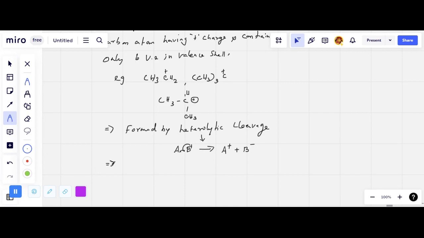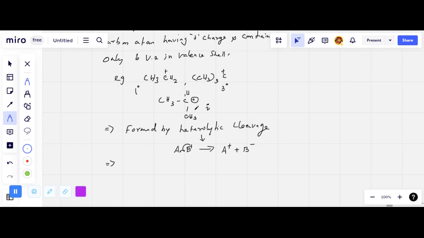Another point is primary, secondary, and tertiary, which depends on the number of carbon atoms. So there may be a primary, secondary, or tertiary carbocation. Here, this is primary, this is tertiary, and this is secondary carbocation.